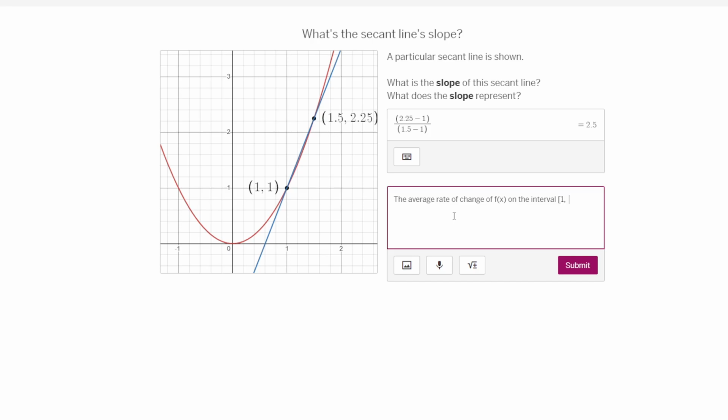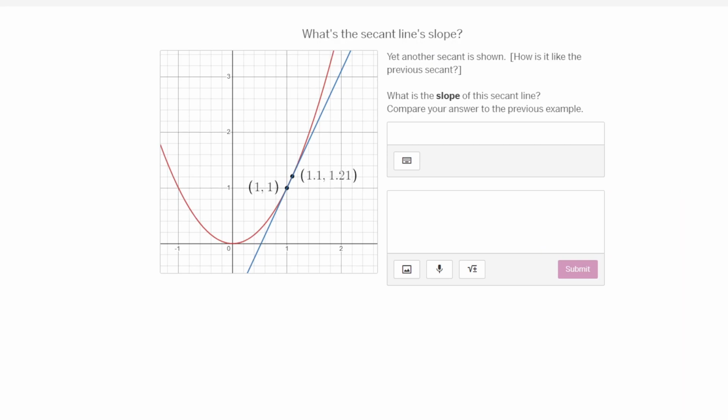Our right point would be 1.5. So on average, this is how our function is changing on this particular interval. And let's go ahead and try to remember the slope of the secant line, 2.5. We're going to need to refer to this number in the next portion of the activity.